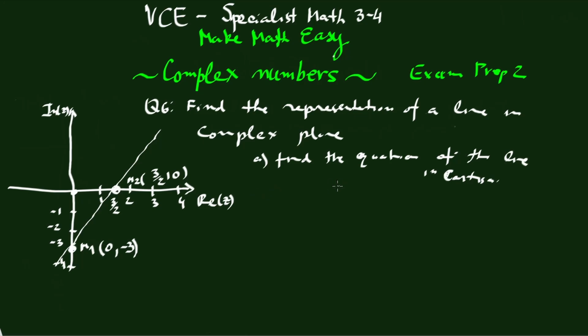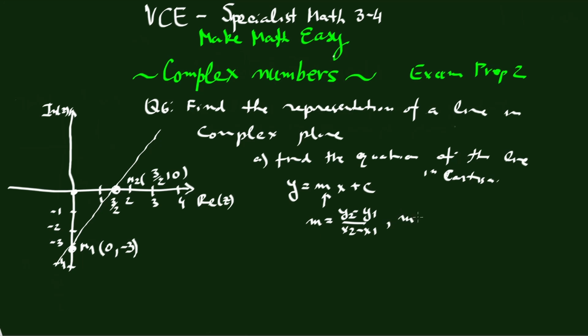To get the equation of the line, it is of the form y equals mx plus c. That's the generic one. How do we get m? m is the slope. So what's the slope? m equals (y2 minus y1) divided by (x2 minus x1).